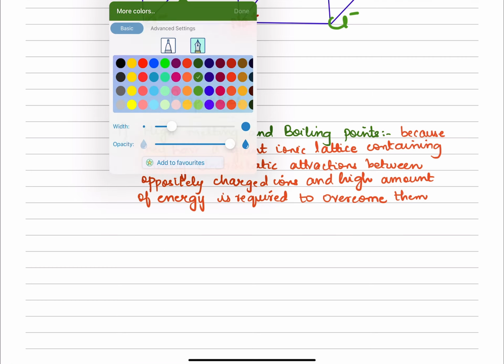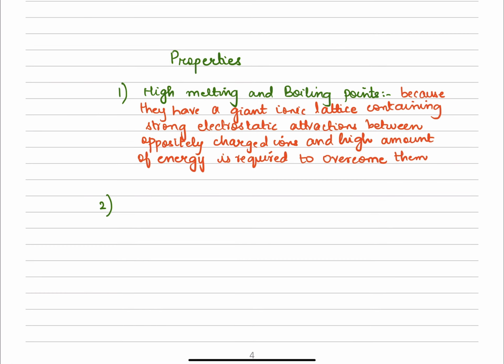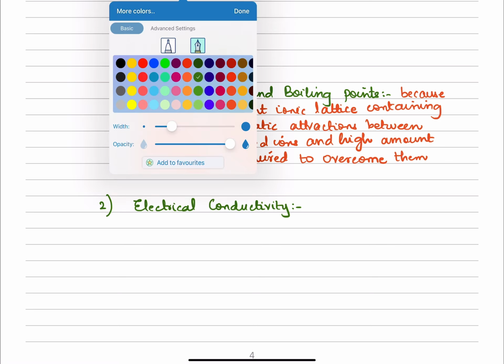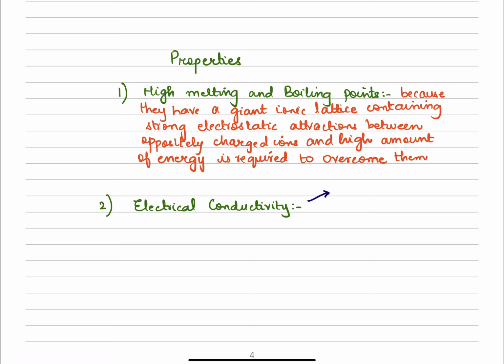Another very important property of ionic compounds is electrical conductivity. Ionic compounds will not conduct electricity in their solid state. For electrical conductivity, we need to see two things. The structure or the compound should either have free moving ions, or the structure or compound should have free moving electrons.